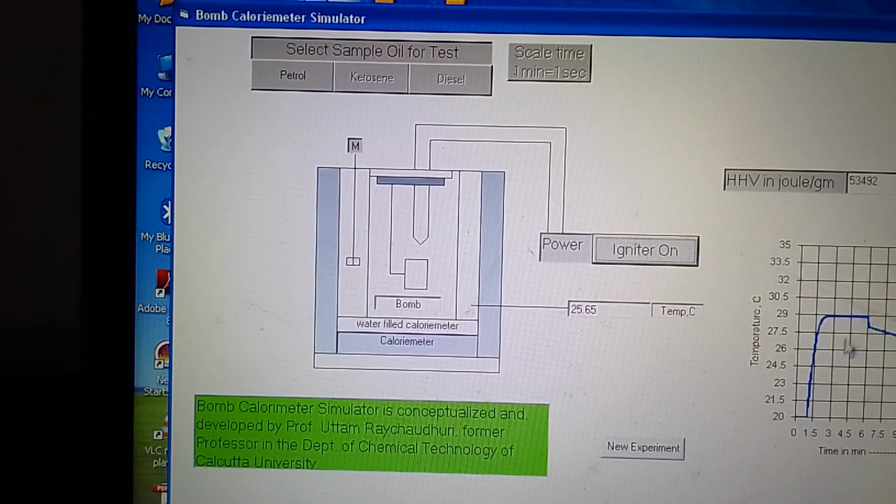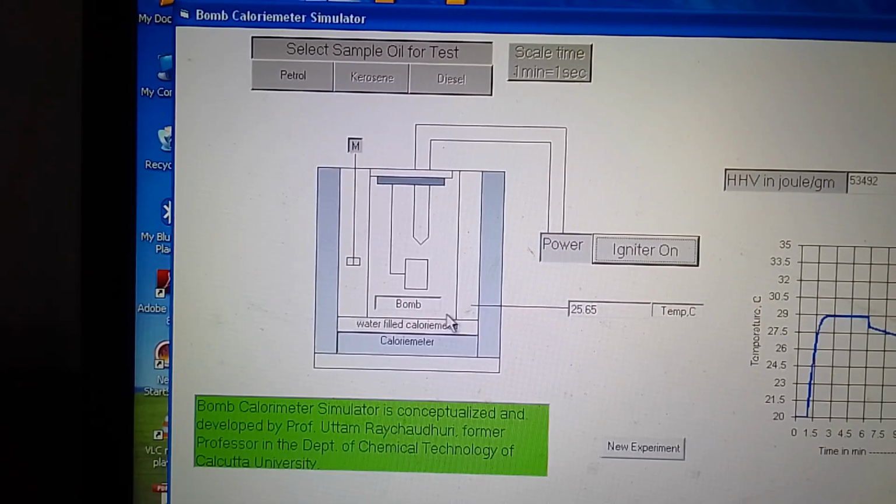The average temperature of the water after combustion, with respect to the initial temperature of the calorimeter water, is determined, and finally the heat is calculated by multiplying it with the water equivalent of the calorimeter, which is around 6000 joule per degree centigrade. So we can calculate the heating value.